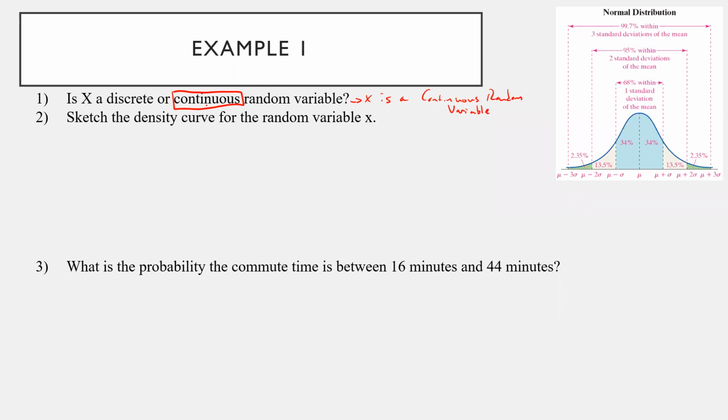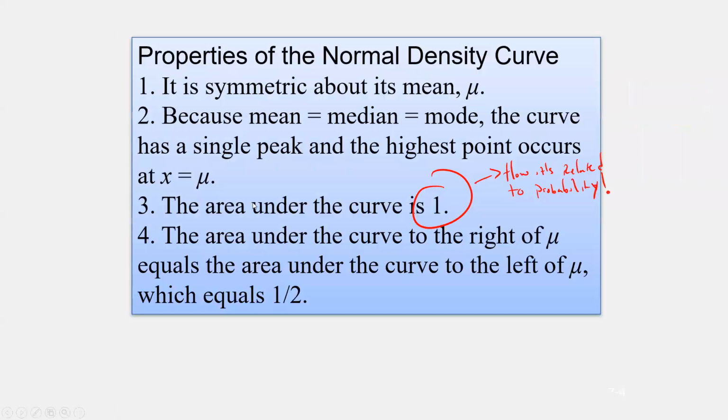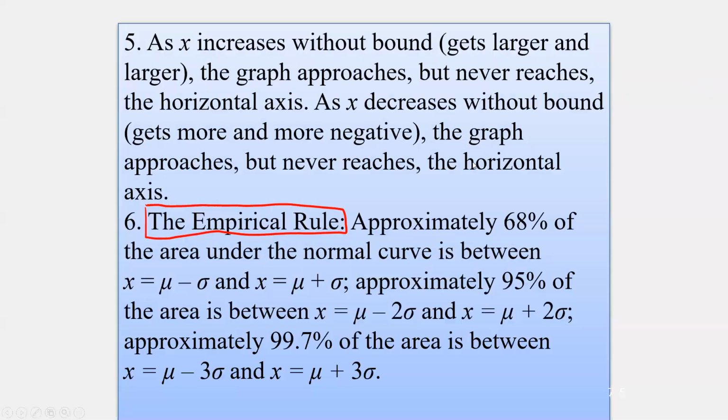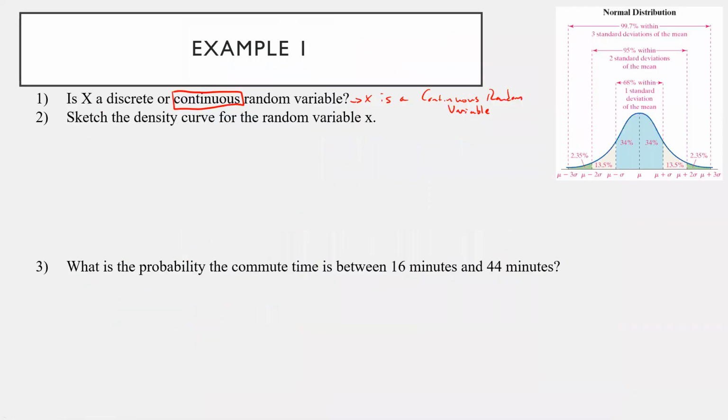Okay, so next it says sketch the density curve for the random variable x. So if we go back, this right here is the density curve. It's this bell-shaped curve centered at the mean. So all you're going to do to sketch the density curve for something that's normally distributed is sketch this normal distribution like so.